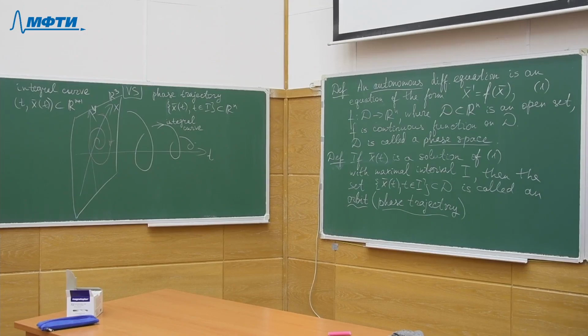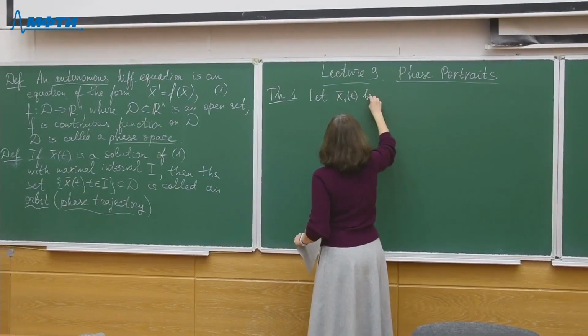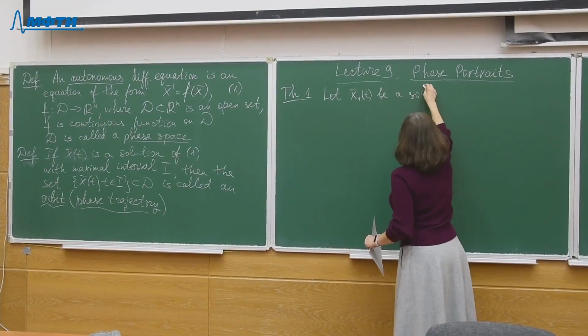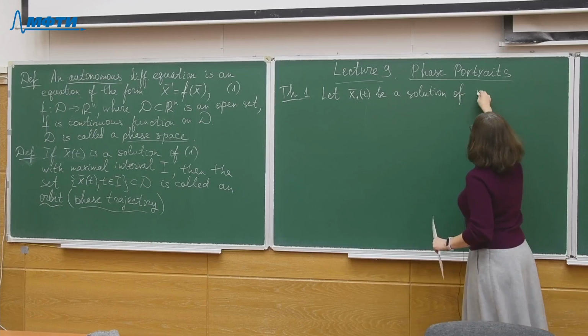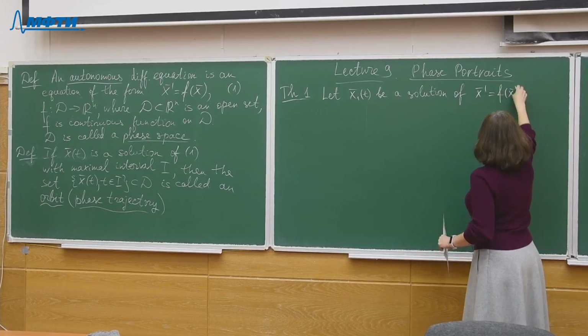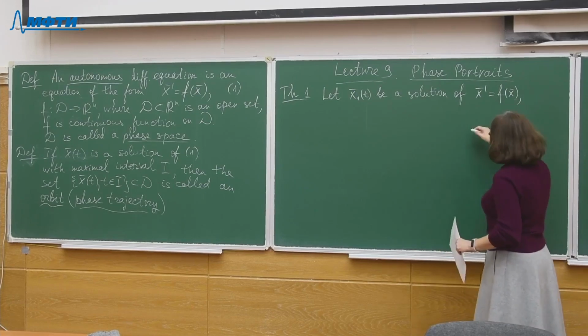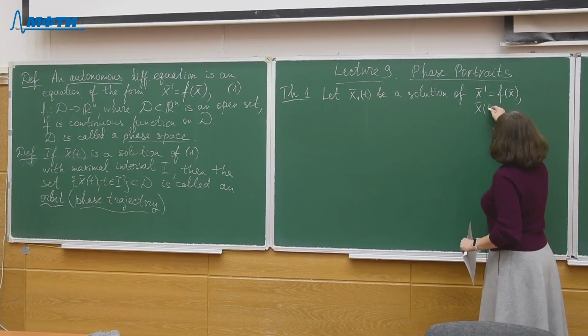Okay, so let x1 of t be a solution of the equation x prime equals f of x, initial value problem, x of 0 equals x0.